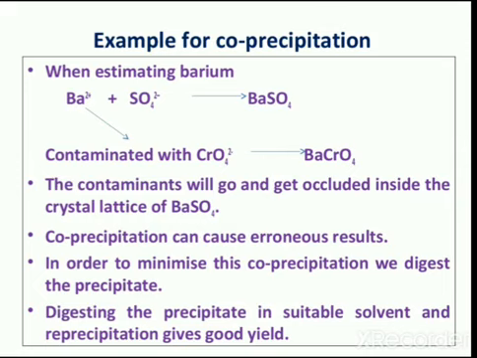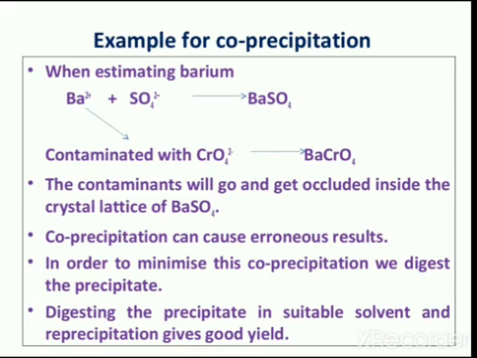If some ions are present in the solution, those ions also combine in the formation of the precipitate. So we need to avoid this, and we'll see how to avoid this co-precipitation.